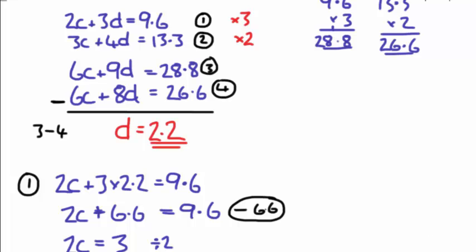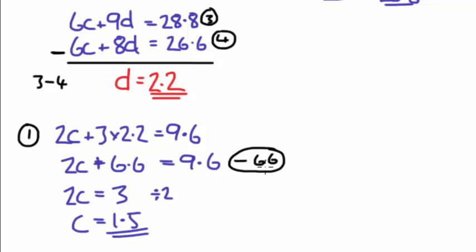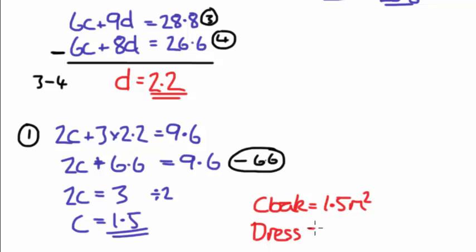So we've got the values for C and D. Now you could put them into the equations to check you get the correct answer. We can word it like cloak, because C stands for cloak, equals 1.5 meters squared, and dress, and this is where you get your final mark from, equals 2.2 meters squared. And that's your final answer.